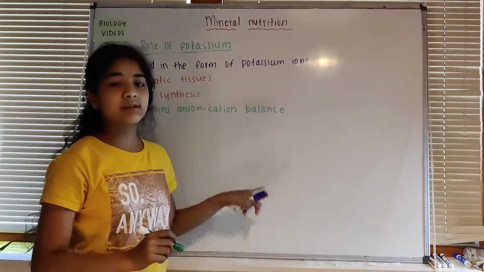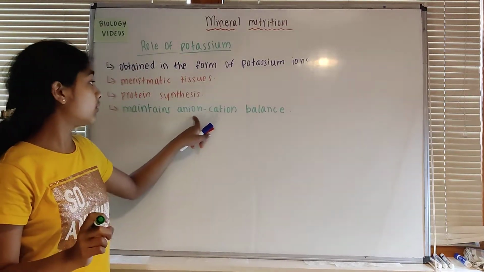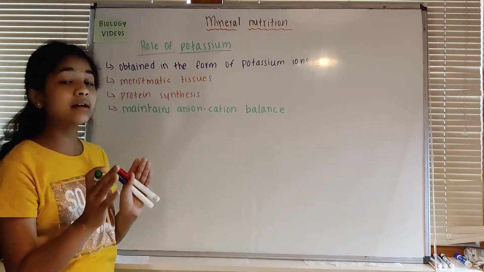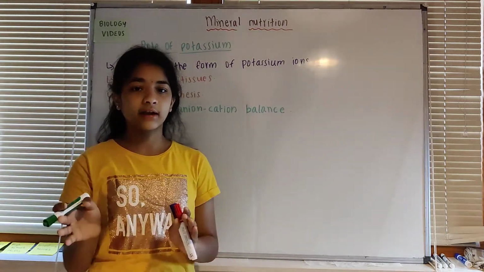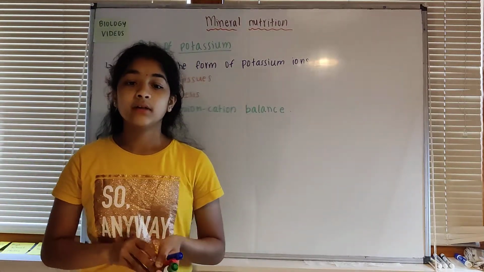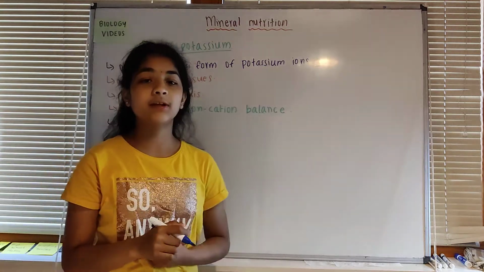We know that a cation is a positively charged ion and an anion is a negatively charged ion. So potassium helps in maintaining both of the balance, anion and cation balance, in the cells.